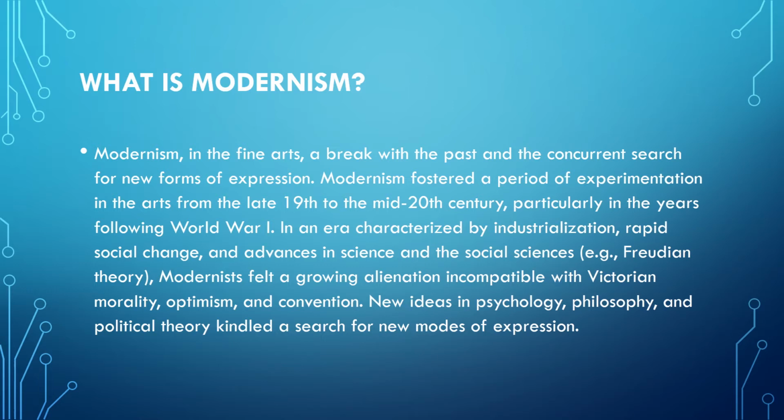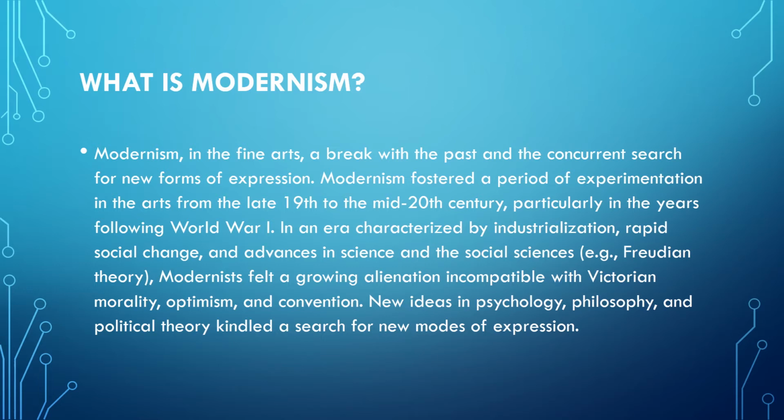So, as we see, here we have a rapid social change, rapid industrialization, and the effect that it left upon the whole society, and the break from Victorian morality, optimism, and convention in all its aspects, even in religion, in morality, in ethics, in social sciences, psychology, everything.